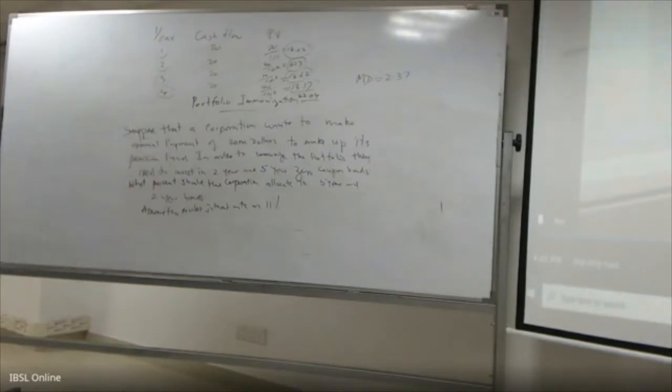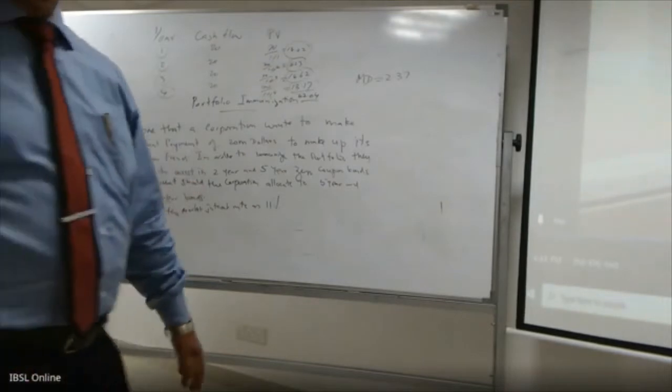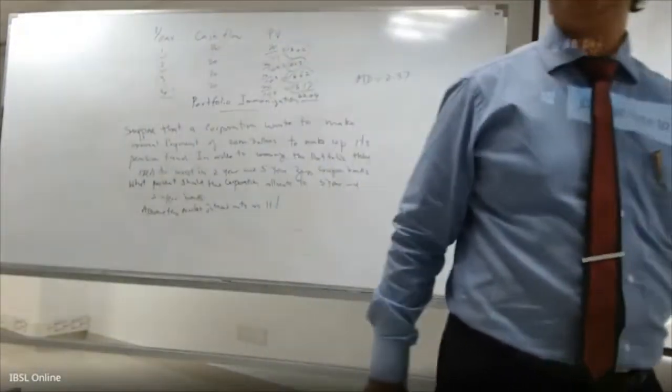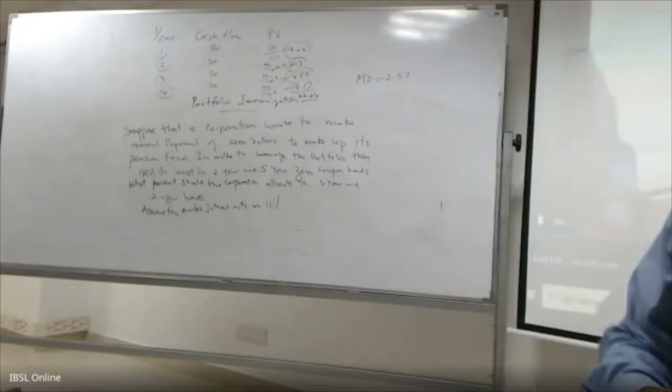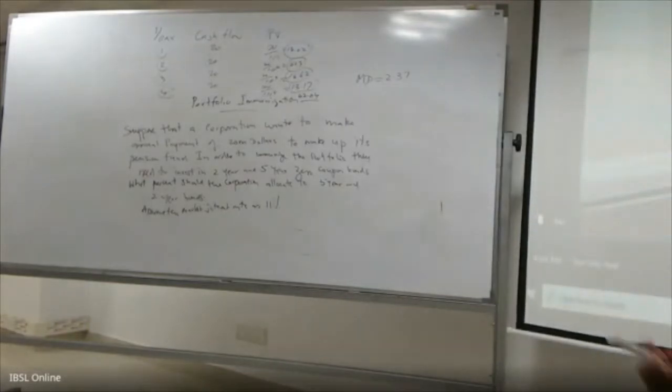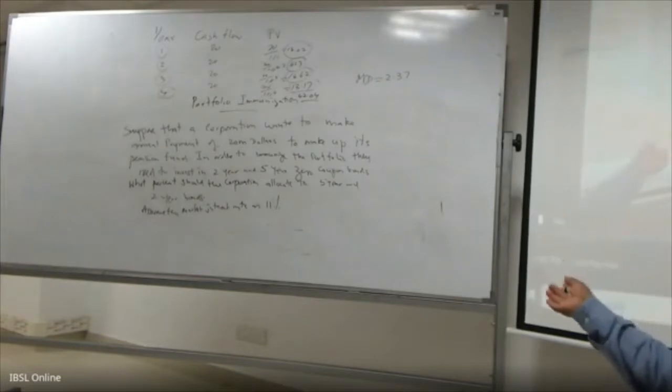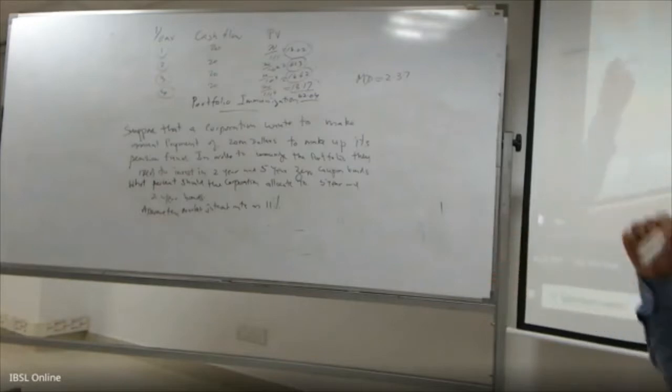Now, when we say 2-year and 5-year bonds, can you tell me what are the durations of these? Since those bonds are zero coupon bonds, what is the duration of the 2-year bond? 2 years. What is the duration of a 5-year bond? 5 years. Since those bonds are zero coupon, their durations are the same as their maturities.